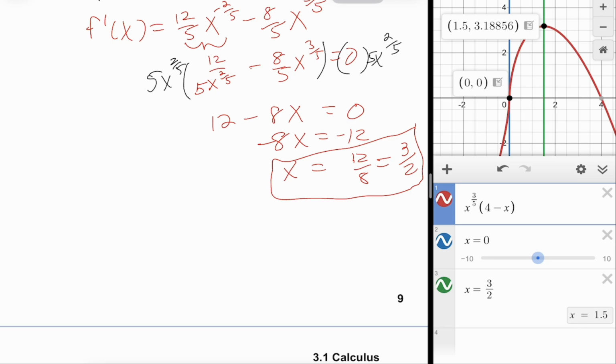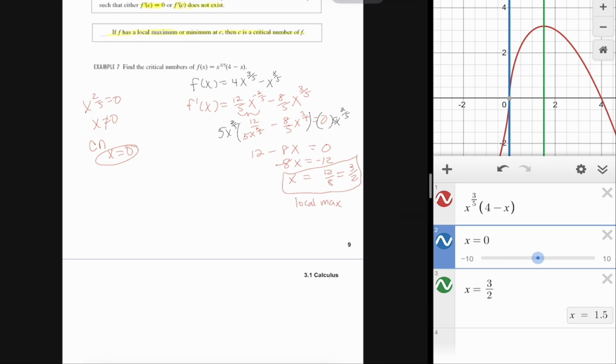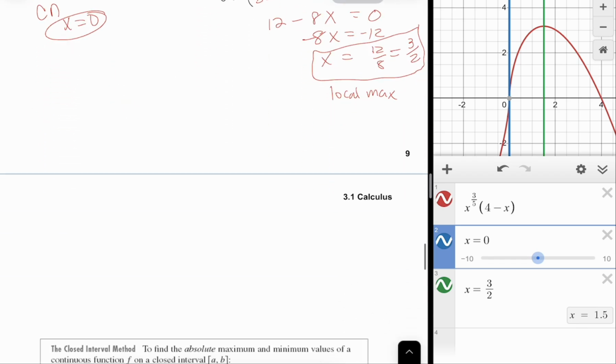If our function has a local min or max, it has to occur at one of those. There is a local max at 1.5. Now, 0 does not have a local max. There's some other interesting things that we'll eventually talk about that's happening to this function at 0, but it's not a local min or max. Okay, so that is that.